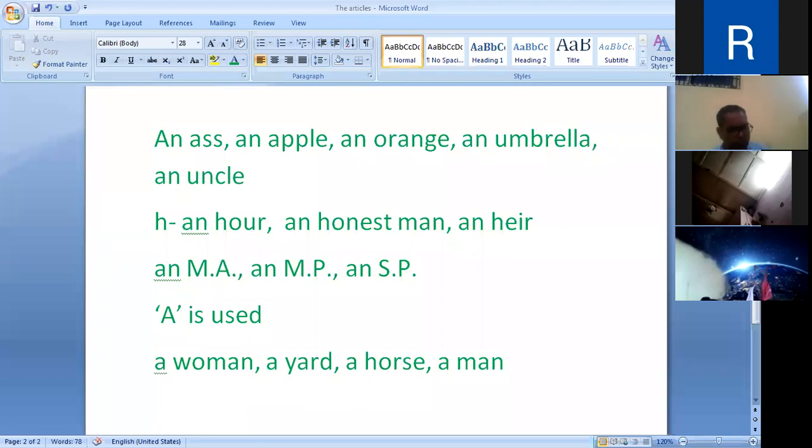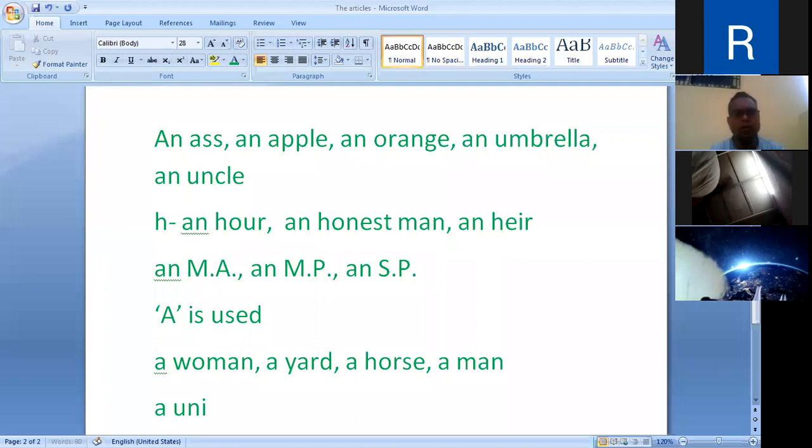A is used before a word beginning with the consonant sound of Y, U, though it may begin with a vowel letter, as a university. You have to remember this. Don't forget some examples; keep them in your mind all the time. A university, it is not an university.